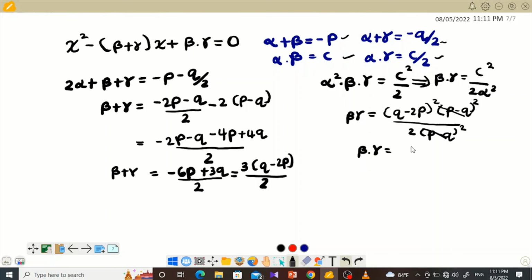This can be written as 2p minus q also, no difference. q minus 2p squared can also be written as 2p minus q squared. If you have a doubt, you can expand both of them and check it.